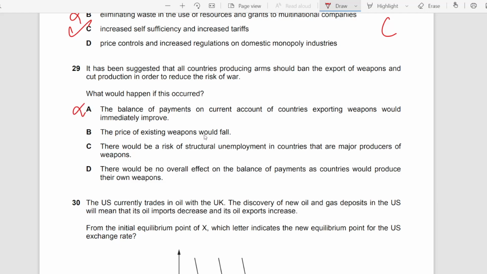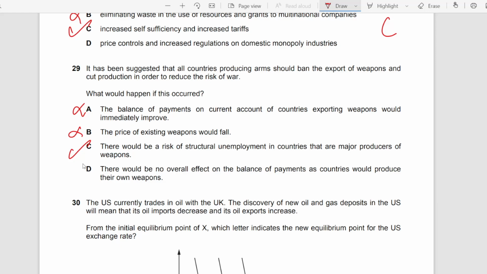The price of existing weapons would fall. How can you say that? Because there's a ban on exports, and the price might or might not fall depending on what it costs the manufacturers to produce these weapons. Right. There would be a risk of structural unemployment in industries that are major producers of weapons. Yes, a lot of people who are experts in producing these weapons will now go jobless because their services are not needed anymore, as they cannot export their products.